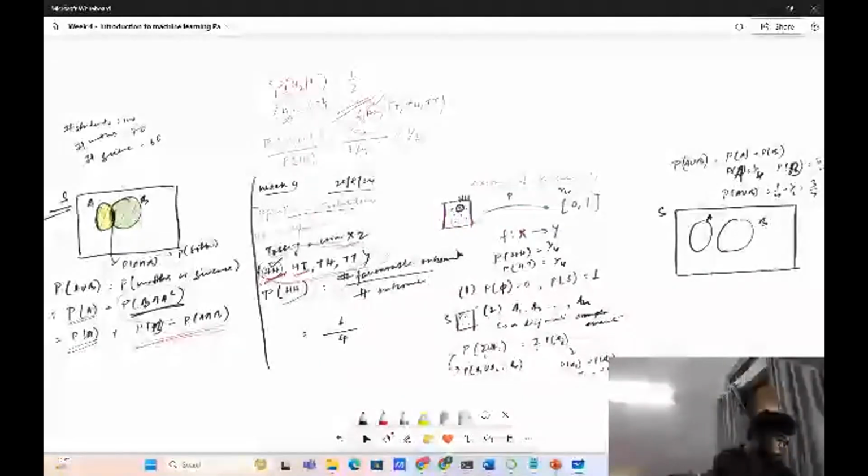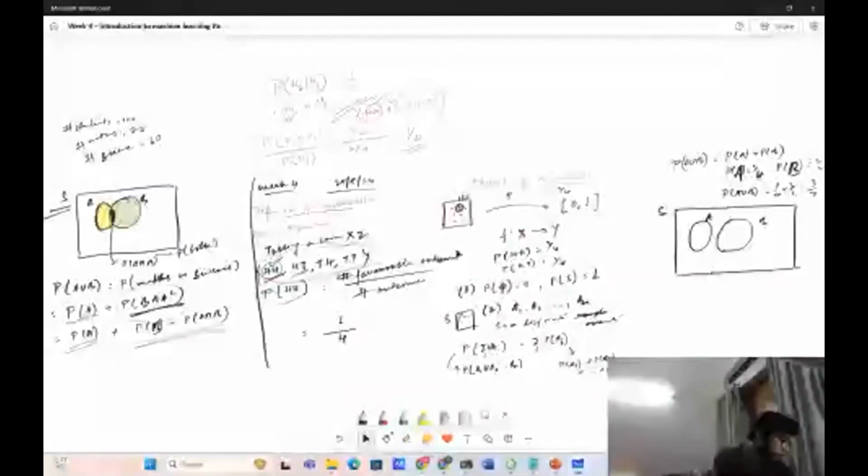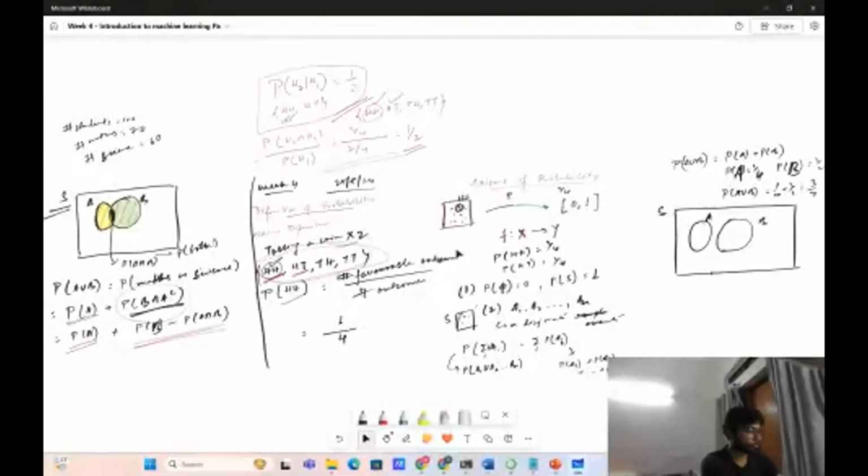Again, you see that is the same thing that we are getting. So the earlier part explains the intuition of why the formula is this, and the second part shows that the formula actually works. Is there any question now on this conditional probability?